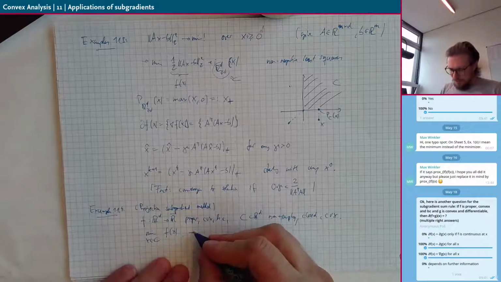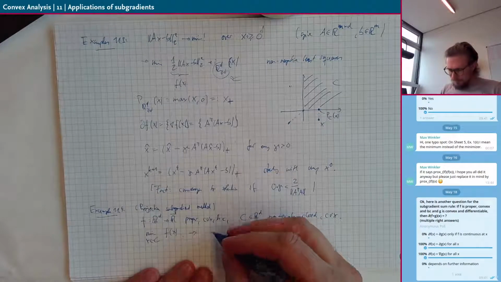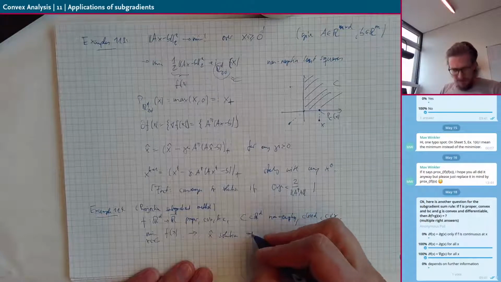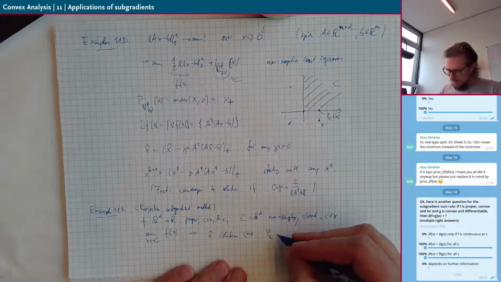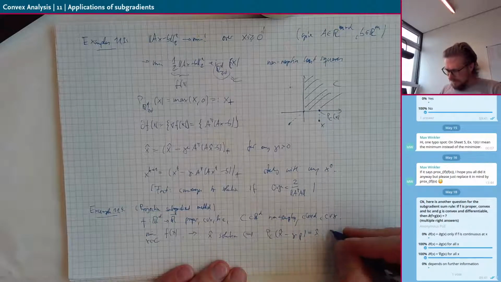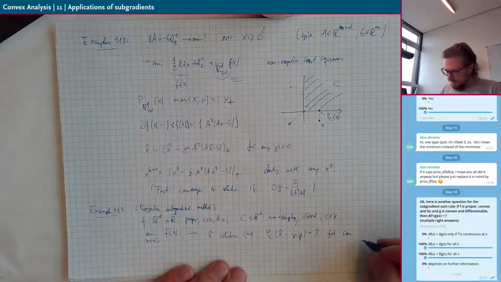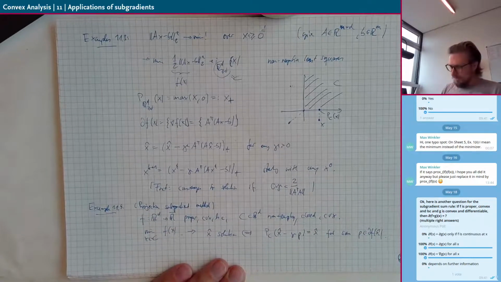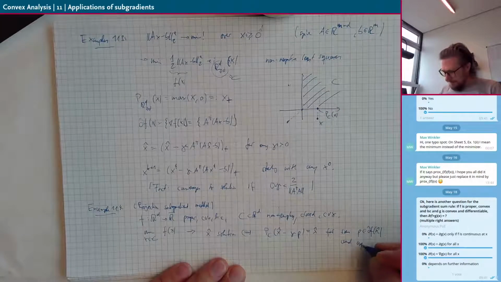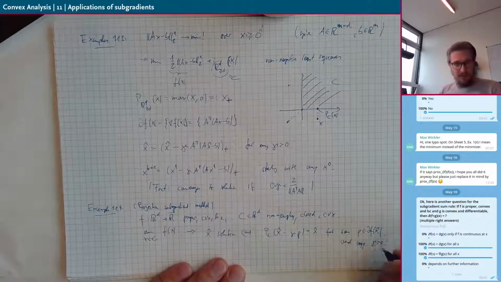Okay, again, we already know condition B. x hat is the solution if and only if the projection onto C of x hat minus gamma p equals x hat for some p in the subgradient of f at x hat, and any gamma non-negative.